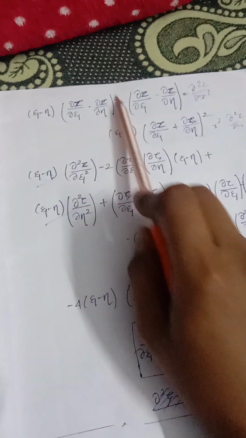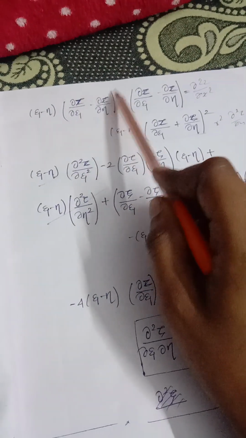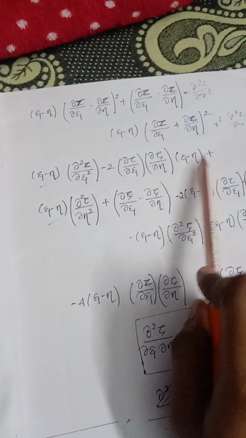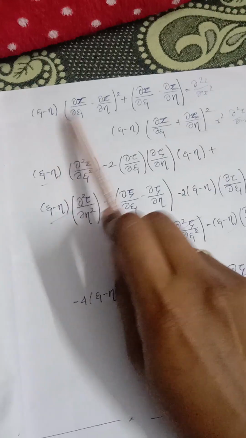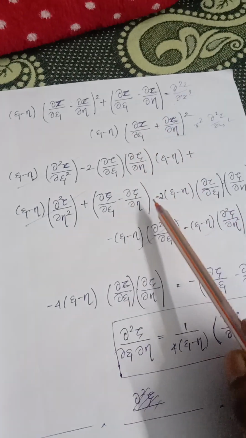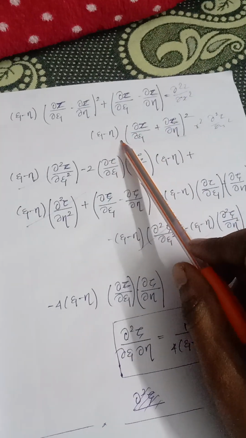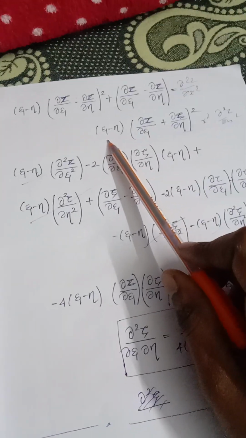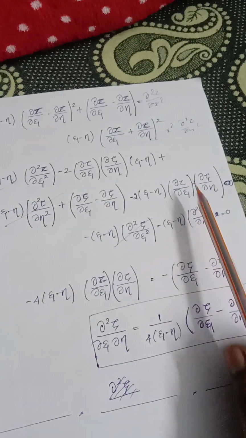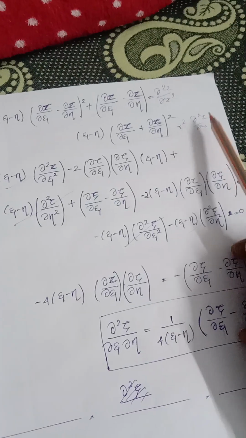This is in the form of a minus b the whole square, that is a square minus 2ab plus b square. So multiply by xi minus eta, and this side also as it is, xi minus eta, this is a square plus 2ab plus b square.